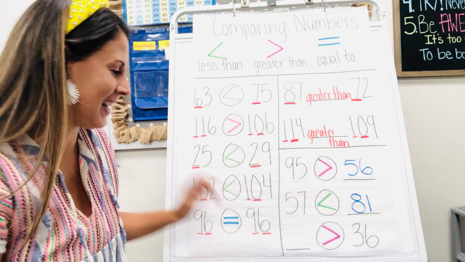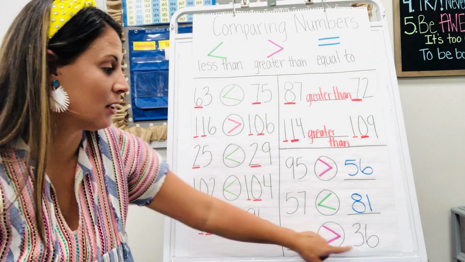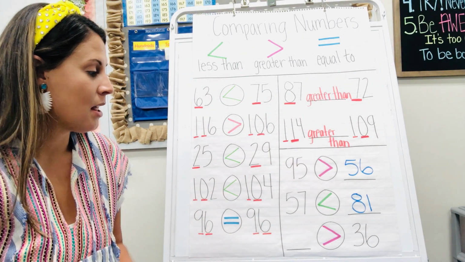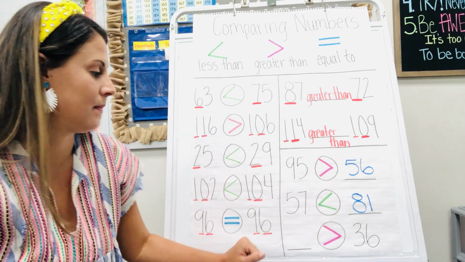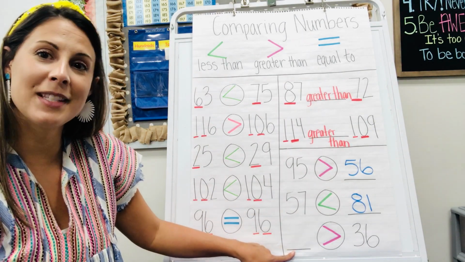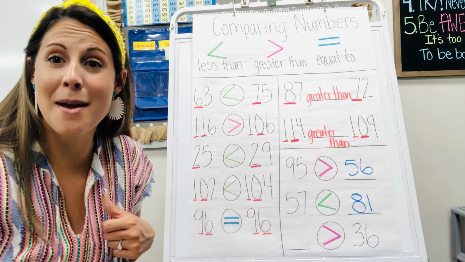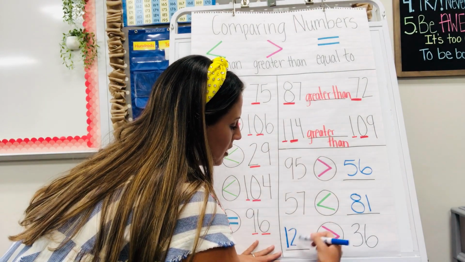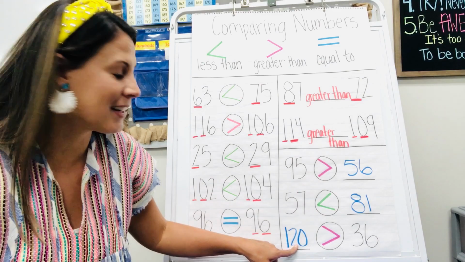Last one. Blank is greater than 36. So think of a number that's greater than 36. Say it out loud. Awesome! My number is 120. 120 is greater than 36.